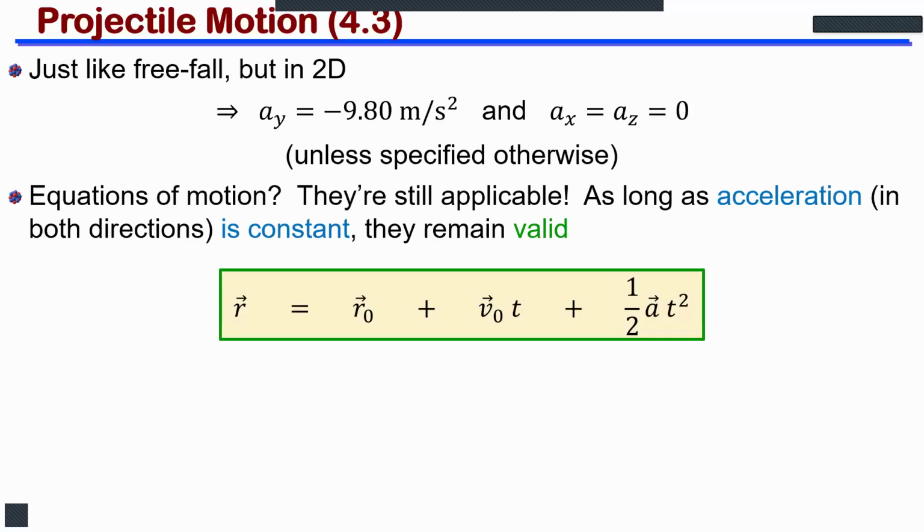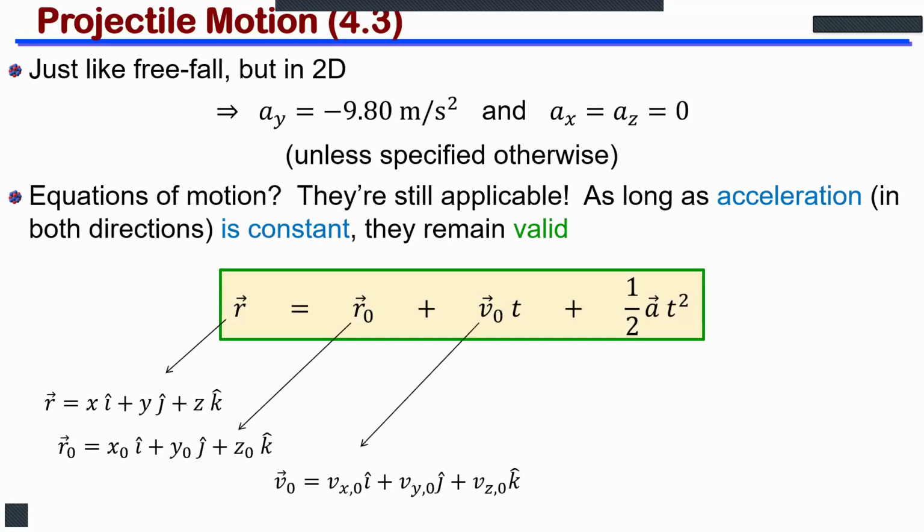Here we see those equations of motion in vector form. Let's remind ourselves what all this notation means. The position vector r has components including the x position, y position, and z position. r naught is the initial position vector whose components are the initial x position, y naught, and z naught. v naught is the initial velocity vector, whose components are v naught x, v naught y, and v naught z.